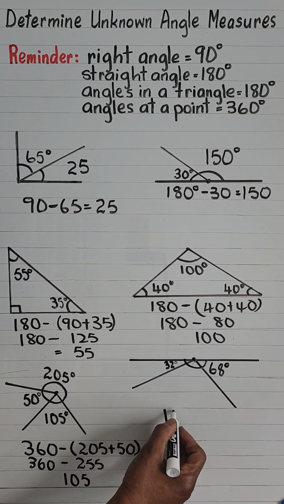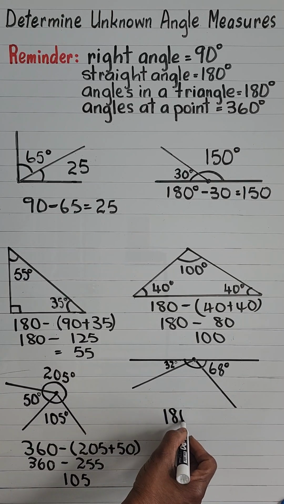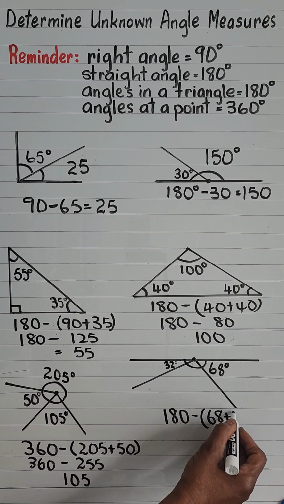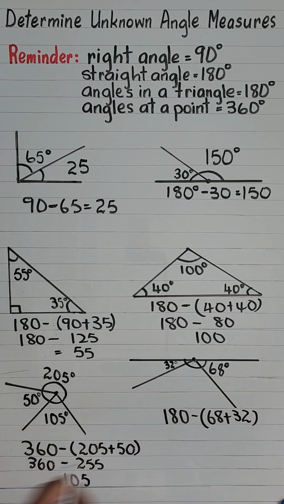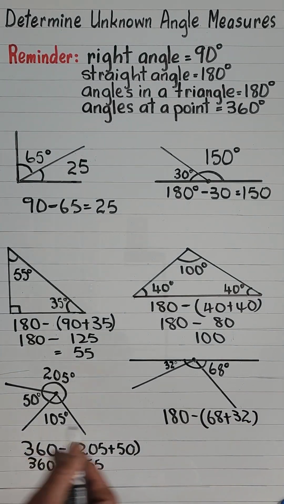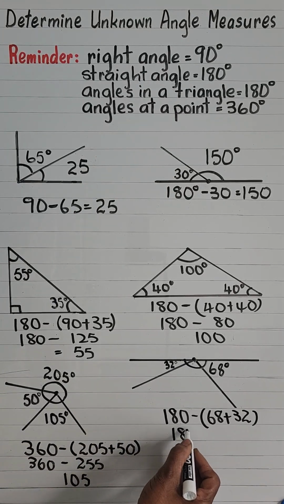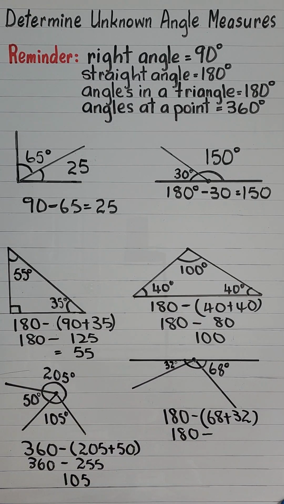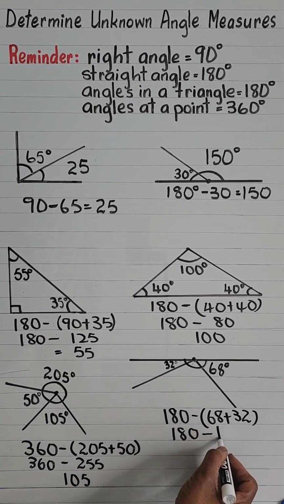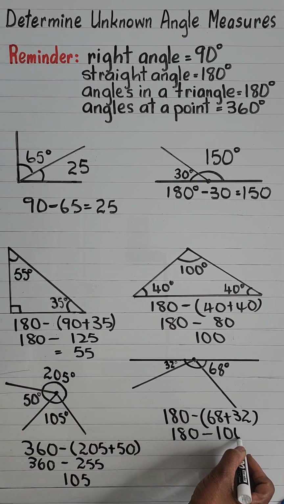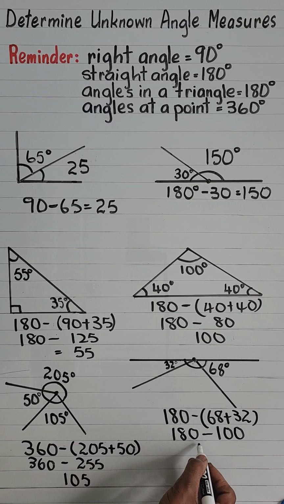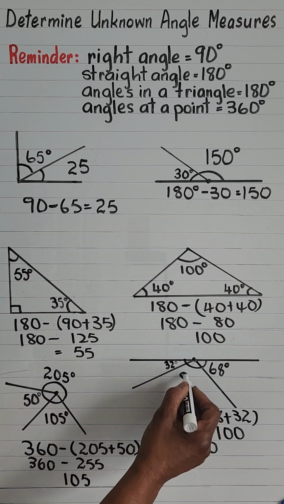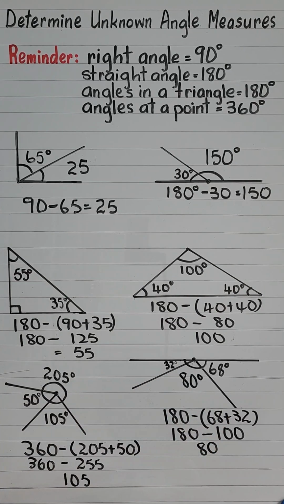So it's 180 minus 68 plus 32, 180 minus 100, and that is equal to 80. So this angle is 80 degrees.